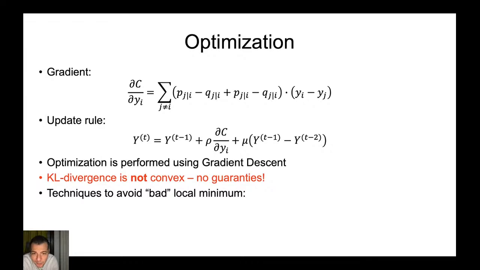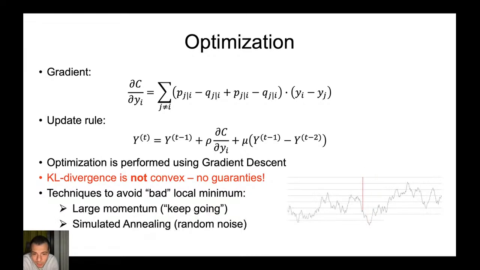So there are some techniques to avoid a bad local minimum, which involve combining gradient descent with large momentum and simulated annealing, which is just adding some random noise to solutions just to explore more of the space. So the algorithm behaves something like in this animation here.